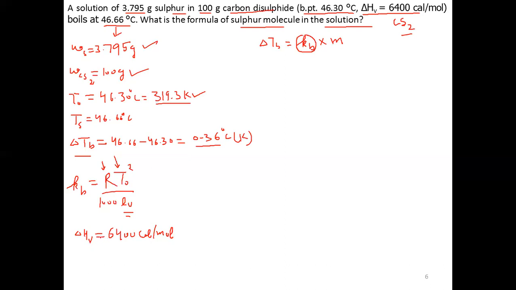So if we divide it by the molecular weight of carbon disulfide, we will get Lv. So Lv is molar heat of vaporization divided by molecular weight of solvent, which is CS2 in this case. Delta Hv is 6400 divided by molecular weight of carbon disulfide, which is 32 into 2, 64, plus 12 is 76, and the unit is calorie per gram.